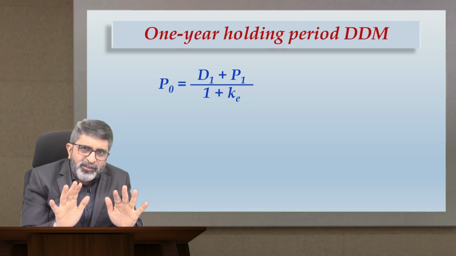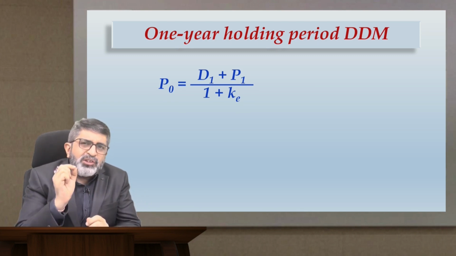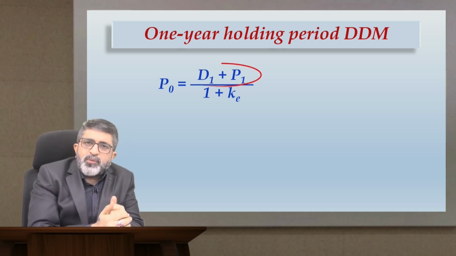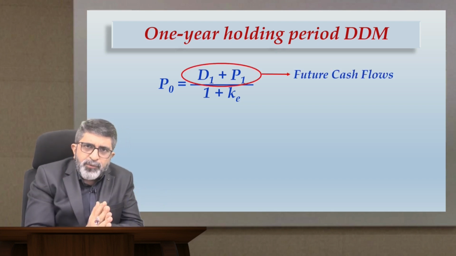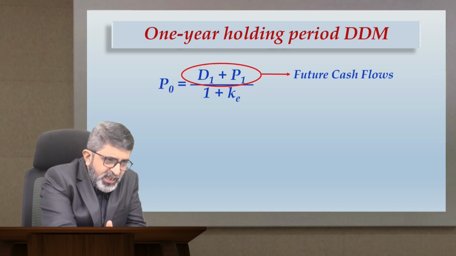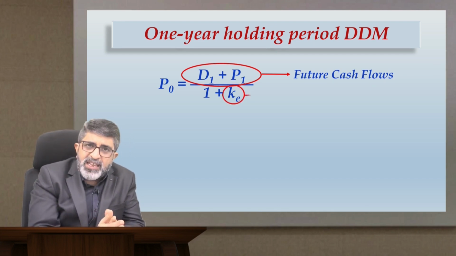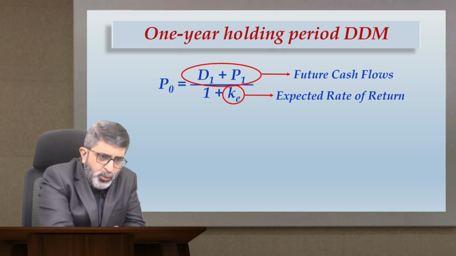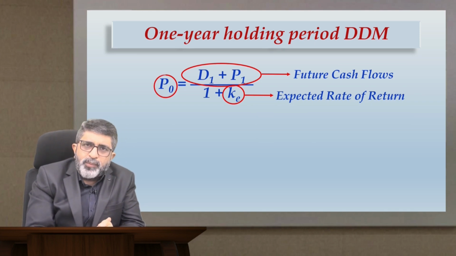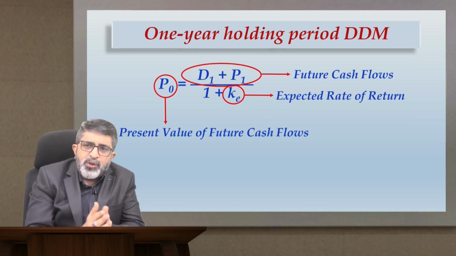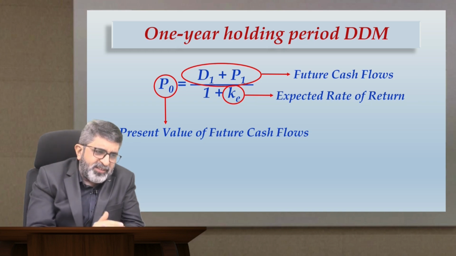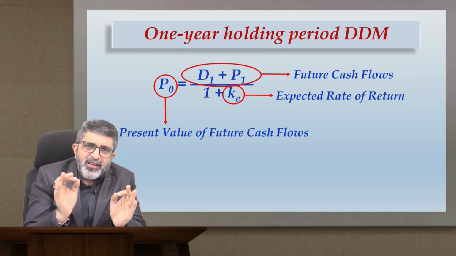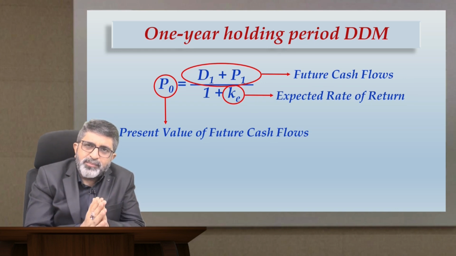We are going back to this with a specific reason. Let me just help you recollect one thing: D1 and P1 were the future cash flows expected by the equity shareholder. KE is the equity capitalization rate or the expected rate of return by the equity shareholder, and when you compute P0 through this function of D1 plus P1 divided by 1 plus KE, what you will be getting is nothing but the present value of the share.